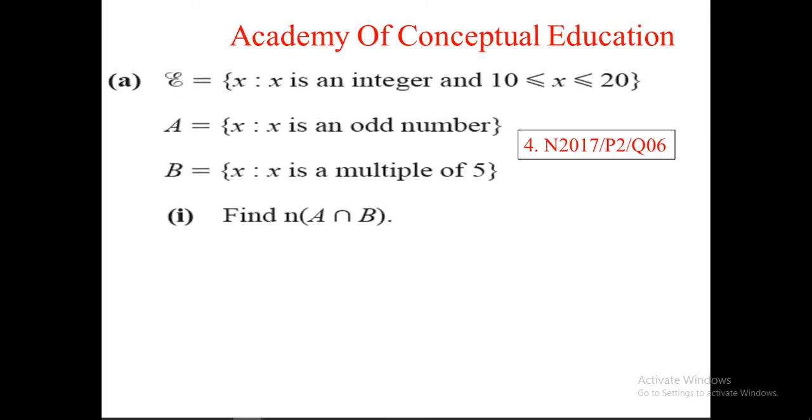This is the fourth question from the October-November 2017 paper, paper 2, question number 6. Set U contains x, an integer from 10 to 20.